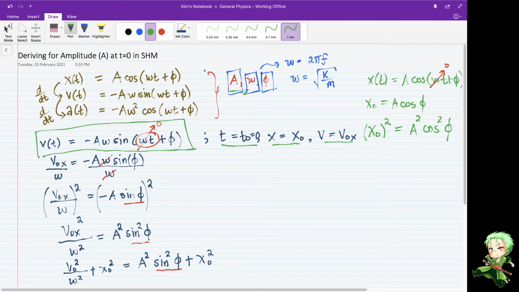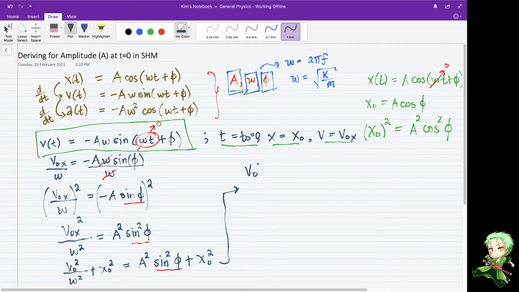Okay, so right now I believe you have seen how this achieves the purpose of getting rid of the sine, such that we can only have amplitude A. So let's copy what is on the left hand side.